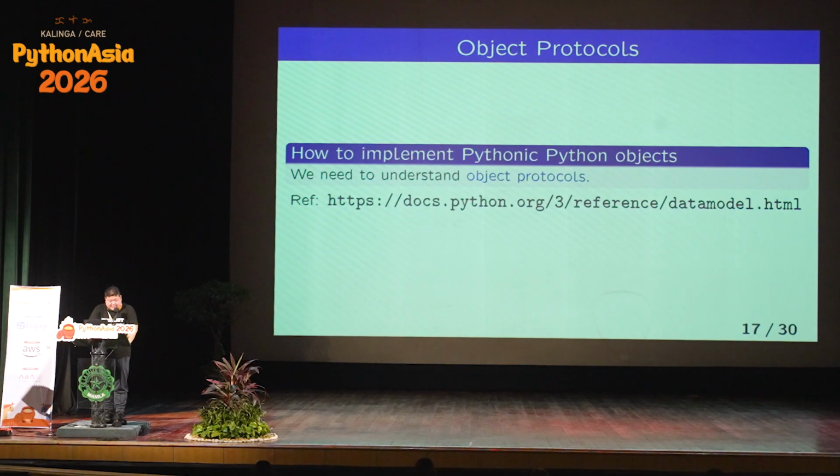To make useless objects, we first need to understand object protocols. Object protocols are the rules for how Python objects should behave. You can read the full details in the Python data model documentation. The URL is on the slide.